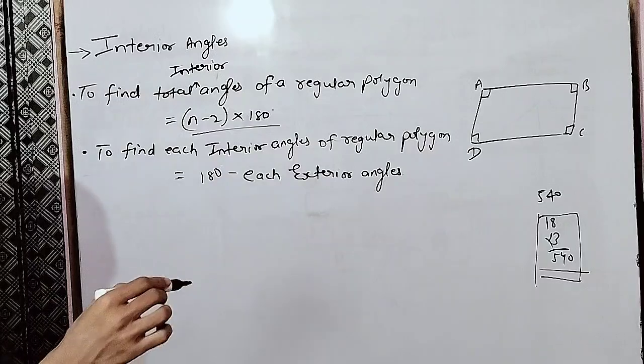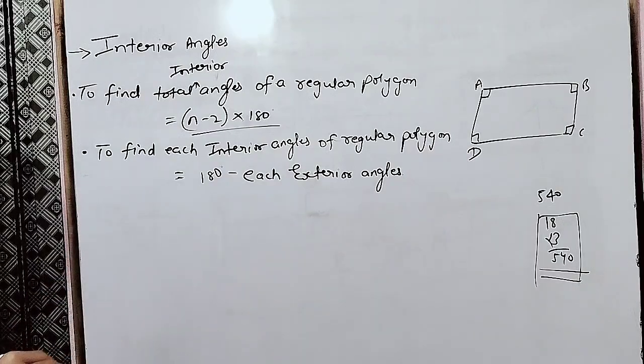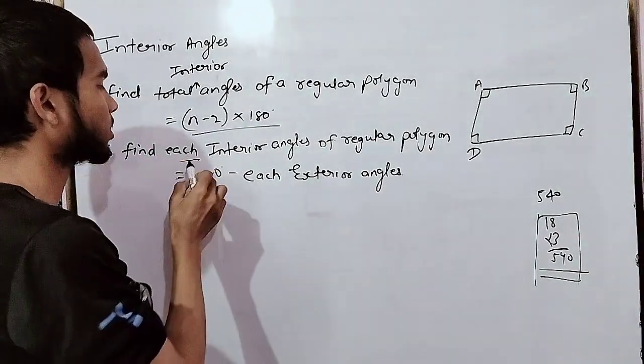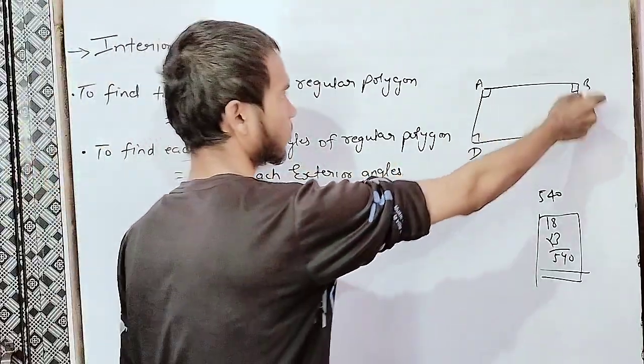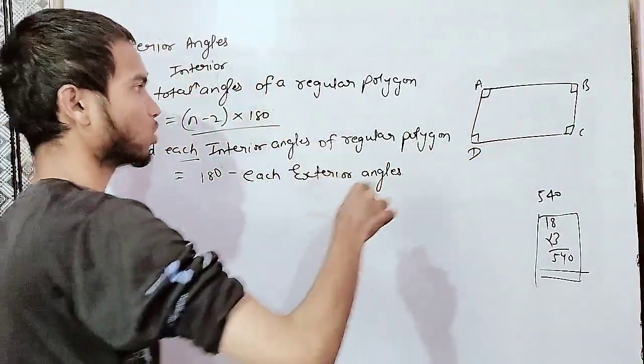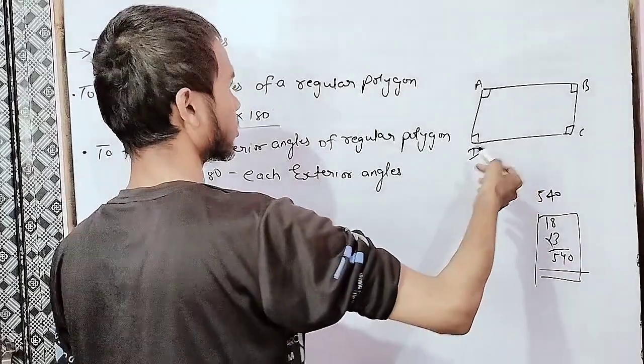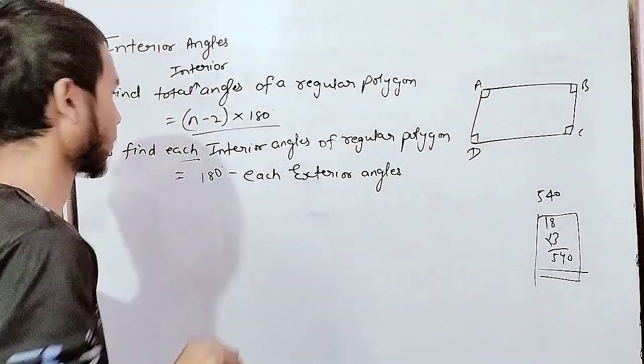This is the formula to find each interior angle of a regular polygon. When we say each, we mean this one, this one, this one. The values of these angles are the same.